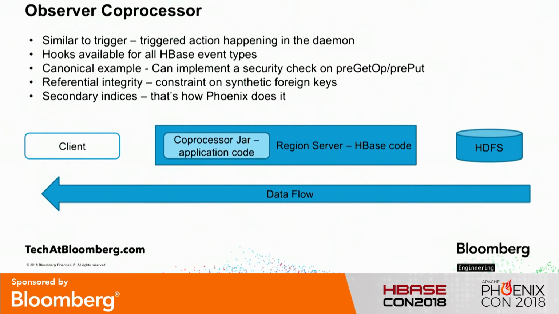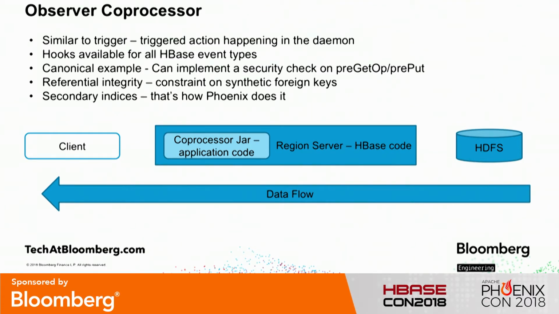And you can also build things like secondary indices, where you can build a second index on your data, and then whenever you do a write into your data, you would actually do a write into your index that will be indexed by a column outside that is not your key. And this is exactly what Phoenix does. They are basically putting out coprocessors that handle things like referential integrity and secondary indices.